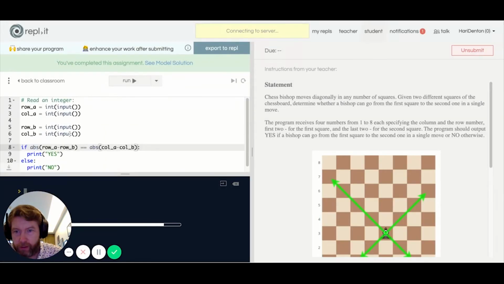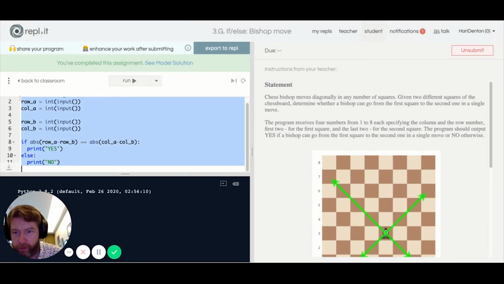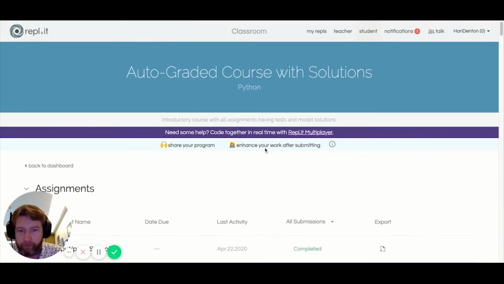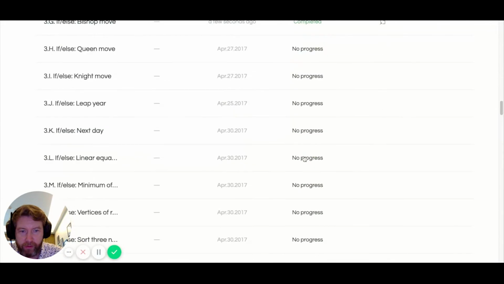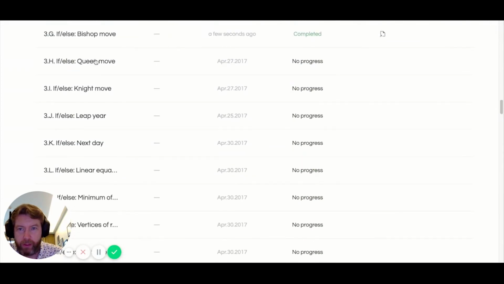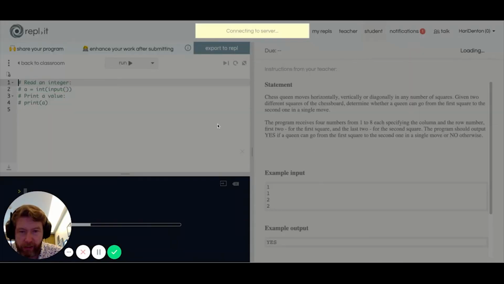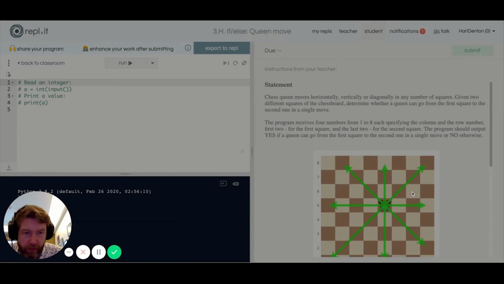Queen's move. Okay, so queen can move diagonally or in straight lines. Okay, so I can do a diagonal. So we've got that, or we can move in straight lines.